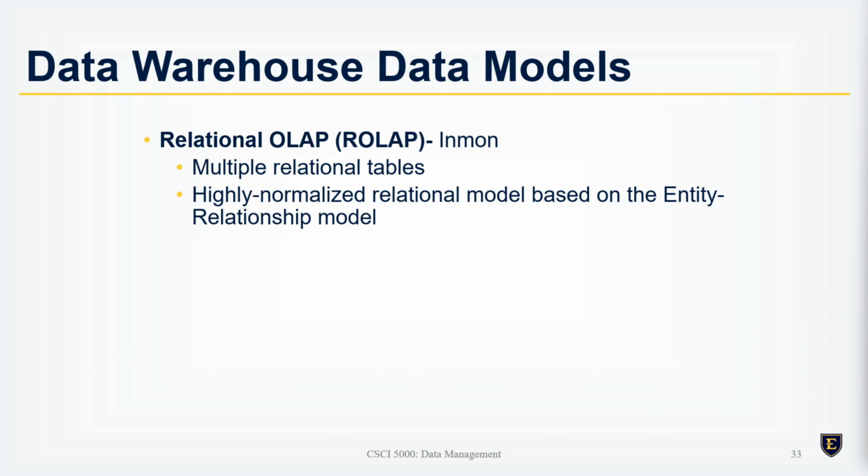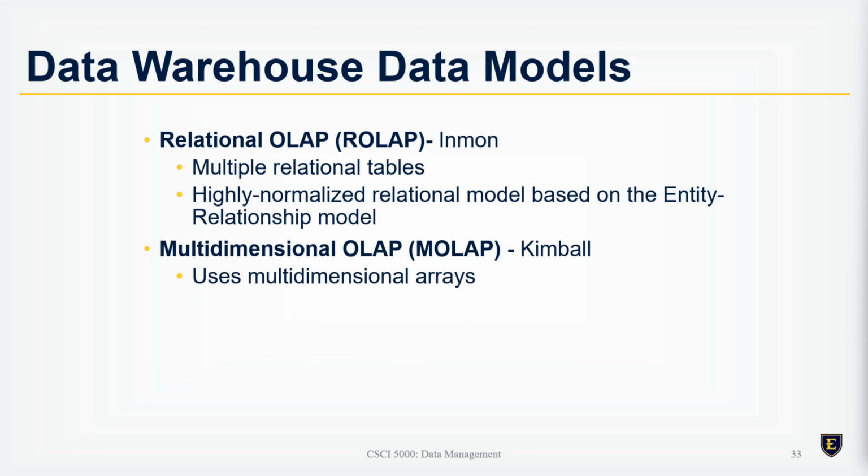This was coined by the same person who coined the idea of a data warehouse, Inmon, in 1991. The idea here is to create multiple relational tables that have a highly normalized relational model based on the ER model itself. A multidimensional or MOLAP system, by Kimball, uses multidimensional arrays to represent the data.